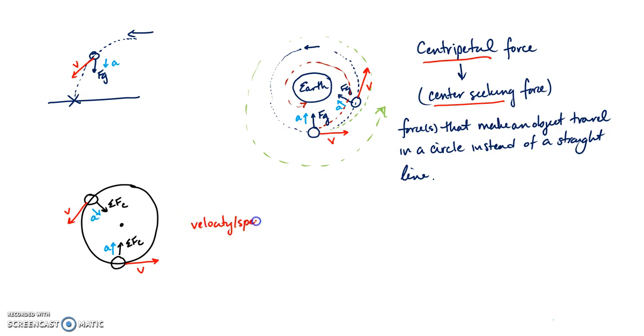So velocity or speed is tangent. And then if you look at the orientation, the acceleration is perpendicular to the velocity. So these are some of the fundamental things that we need to keep in mind.